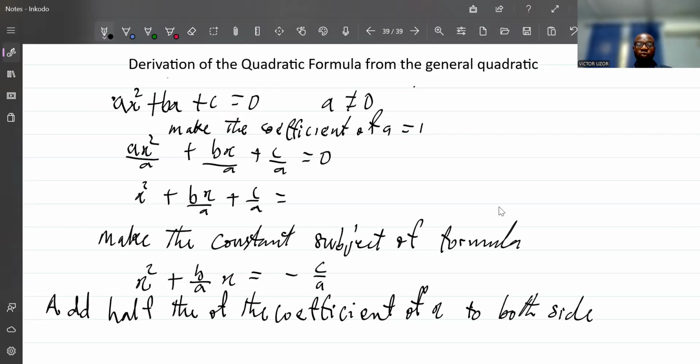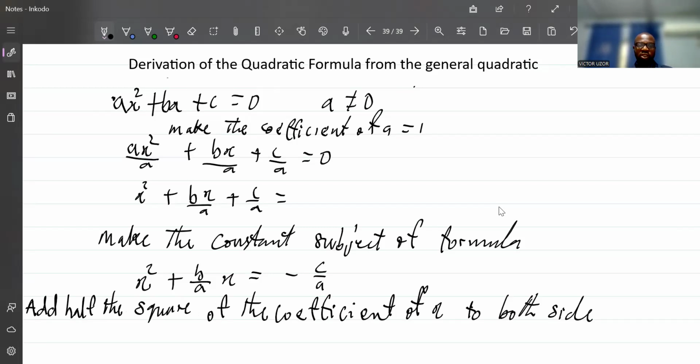Sorry, I didn't put it well. Let me write it well. Okay, add half the square of the coefficient of x to both sides.